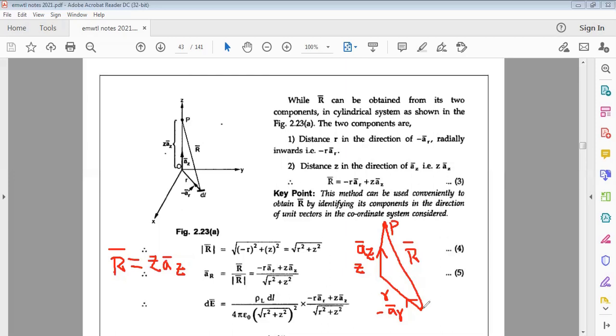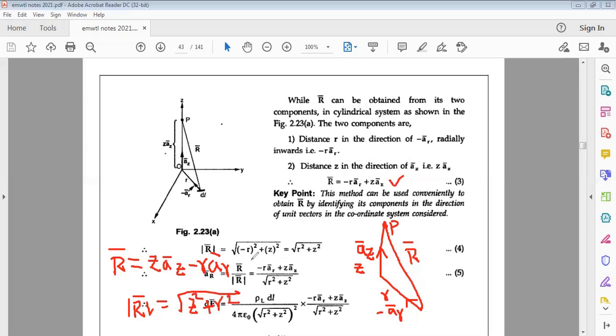The positive direction of r is towards the downwards, and upwards is the negative direction of r. So R bar is equal to minus r into ar bar plus z into az bar, and its magnitude is the square root of z square plus r square.